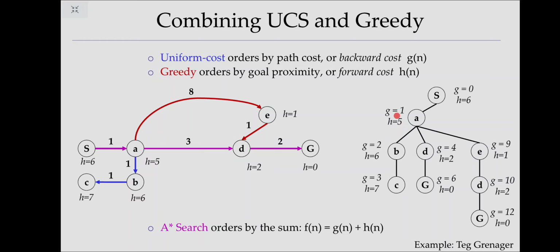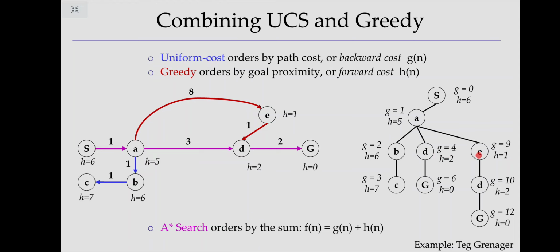In this example, the cost of A is 1 plus the cost for A to B. A to B is again 1. G is updated to 2, and the heuristic is copied. A similar process will happen on D and E.